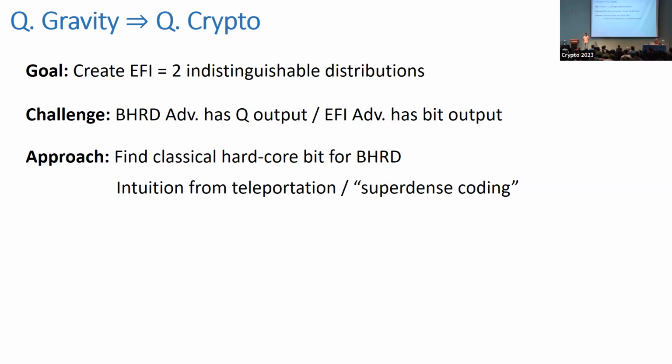And if you distinguish our EFI distributions, then you're secretly teleporting the qubit D into a qubit that's in the reduction's hand. And then the classical output of the EFI distinguisher is really just the classical information that you need in order to complete the teleportation process. So there are some technical details that I'm going to spare you, but this is more or less what we do. And then, in order to show the amplification, we essentially use parallel repetition.